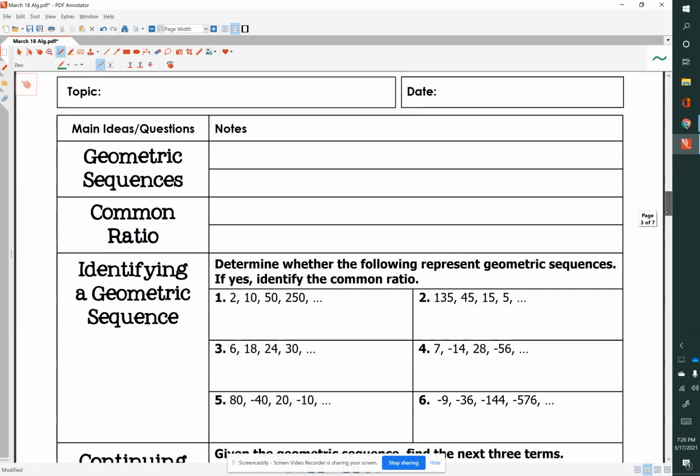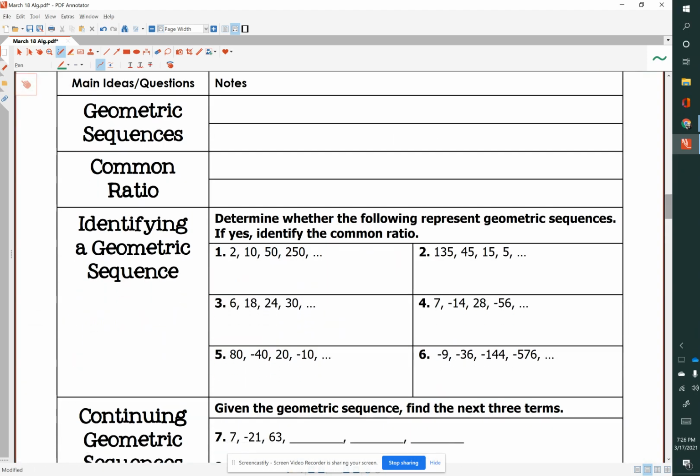So we're going to talk about geometric sequences today. A geometric sequence is a sequence of numbers in which the ratio remains constant. We use the letter R for the common ratio.